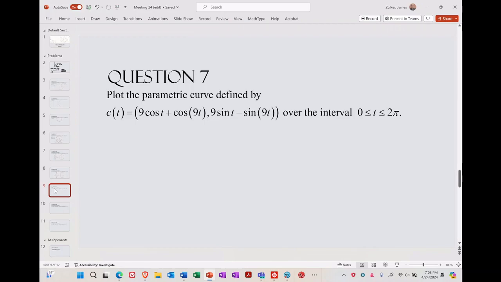Oh, actually, wait a minute. That is a typo.